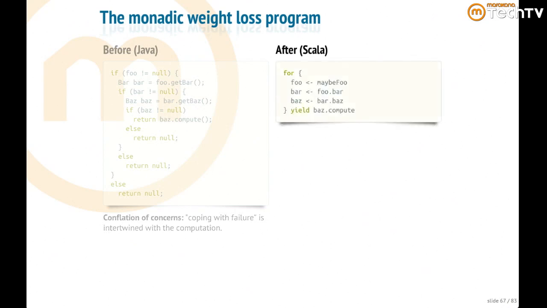And we've really slimmed it down into this fairly slick little bit of code where we say, well, let's get a foo, let's get a bar, let's get a baz, and compute that. And the fact that we're coping with this, the fact that these are optional, that we could return none instead of some int, is really doing a good job at separating concerns. The option monad is encapsulating that coping mechanism.